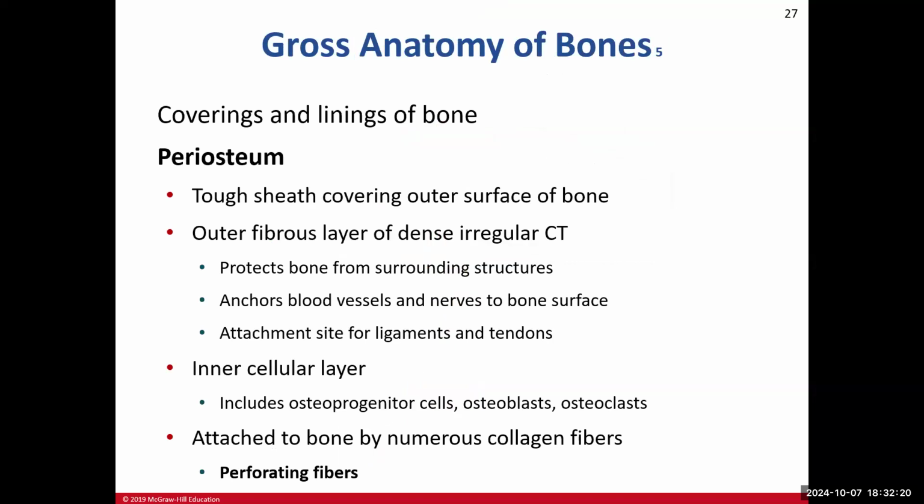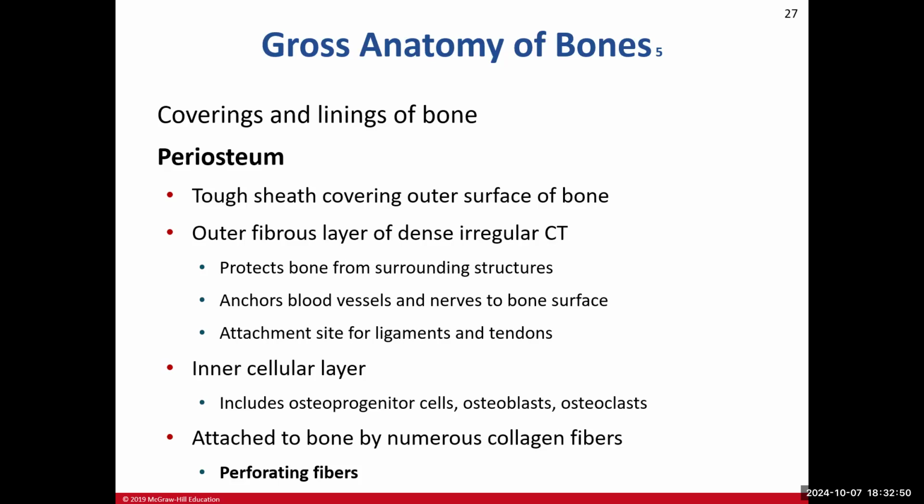All of our bones have this nice organic covering to them. And this organic covering, this periosteum, is going to provide a couple different functions. One, the outer layer is made up of that dense irregular connective tissue, so we call it the outer fibrous layer. This is the layer that your tendons and your ligaments and some other structures can actually attach onto.